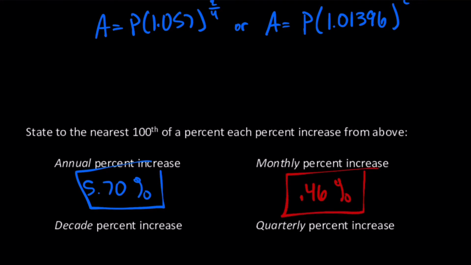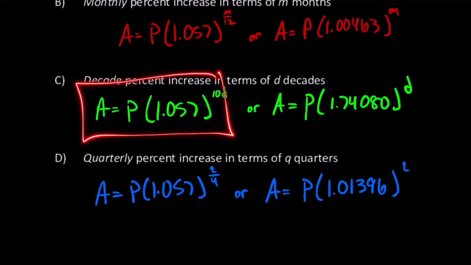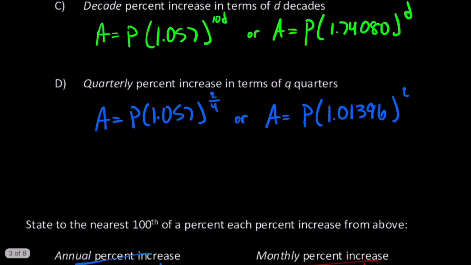Decade percent increase. Well, I'm not going to take this and multiply it by 10 because it's exponential. I'm going to take my decade exponential function, take a look at this, subtract 1 from it, move that over 2 places, 74.08%.